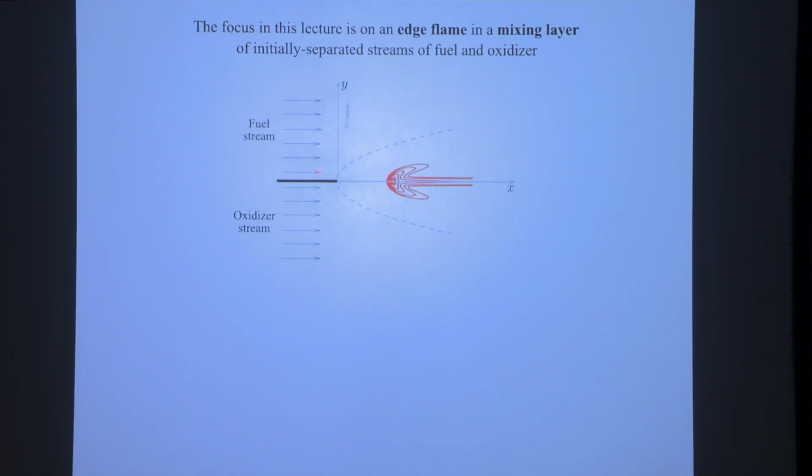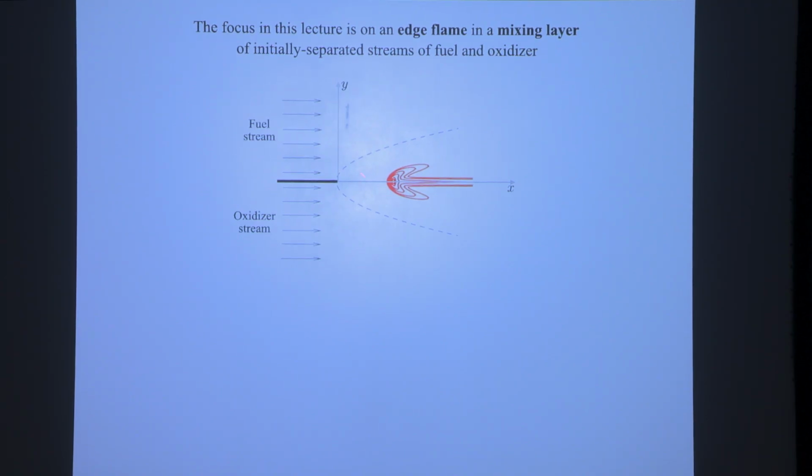I will focus on the mixing layer, which is perhaps not as simple mathematically as the last one, but it's one of interest, clearly. And so again, you have the two streams. You have the edge flame. This is a computed one, but I stuck it here in the picture. You have a mixing region.